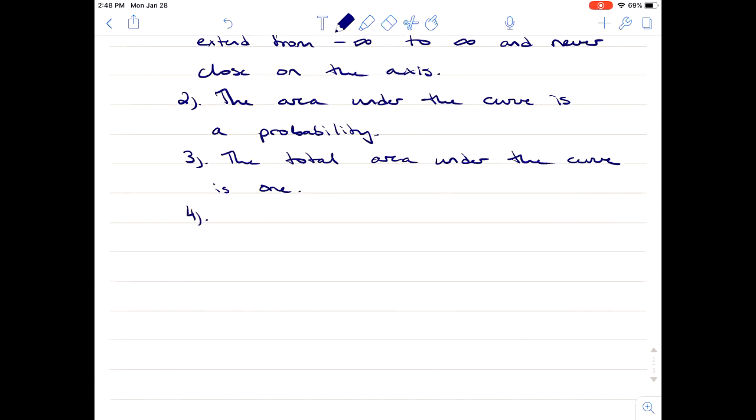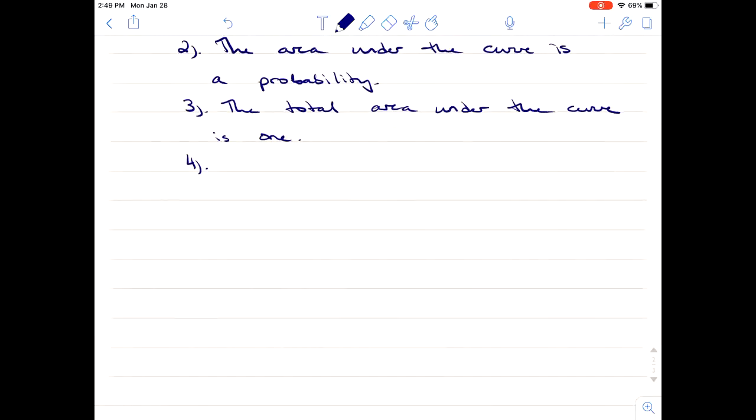So if I find that a value is 2 standard deviations below the mean, then I can use that fact to find the value that's 2 standard deviations above the mean, by just symmetry. So the normal distribution is symmetric about the mean.